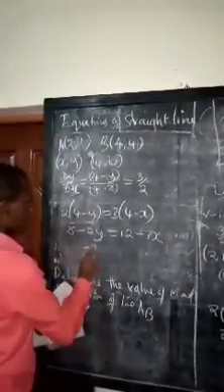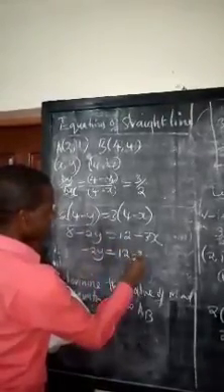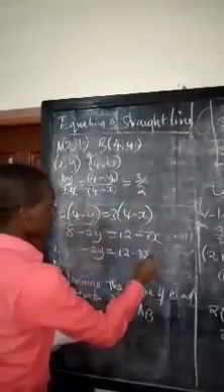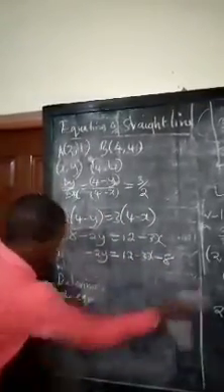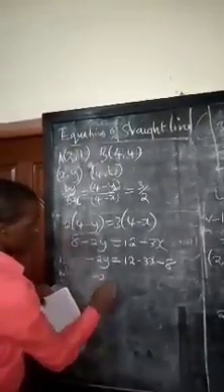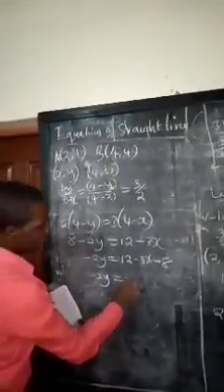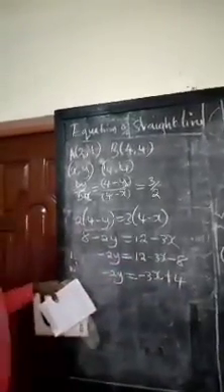So we have negative 2y is equal to 12 minus 3x, minus 8. This will give us negative 2y equals negative 3x plus 4. That is 12 minus 8, which gives us 4.